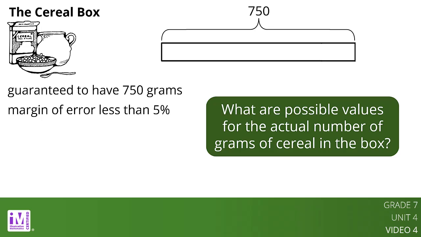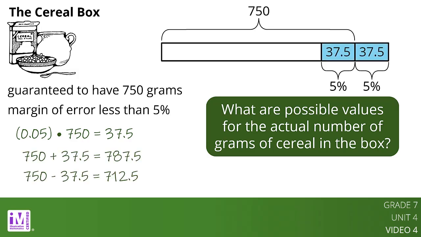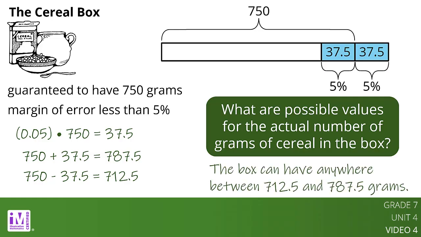The error could be as large as 37.5, since 0.05 multiplied by 750 equals 37.5, and could be either above or below the correct amount of 750. Therefore, the box can have anywhere between 712.5 and 787.5 grams of cereal in it.